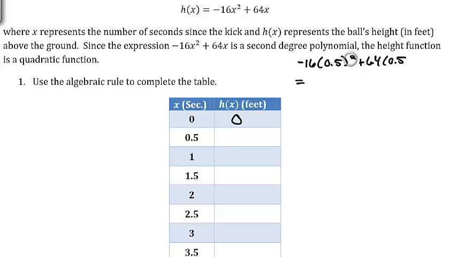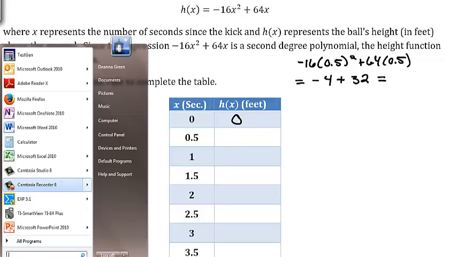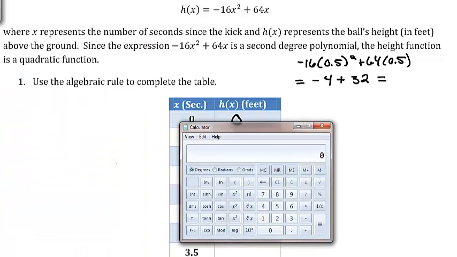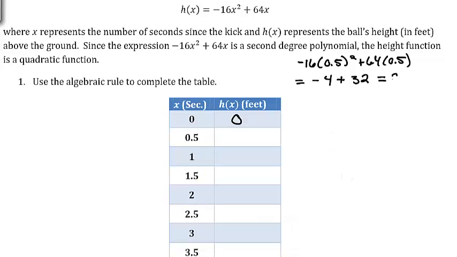And 0.5 squared is 0.25, and then times negative 16 gives you negative 4. And then plus 64 times 0.5 will give you 32. And let's just break out our calculators here, and negative 4 plus 32 gives us 28.